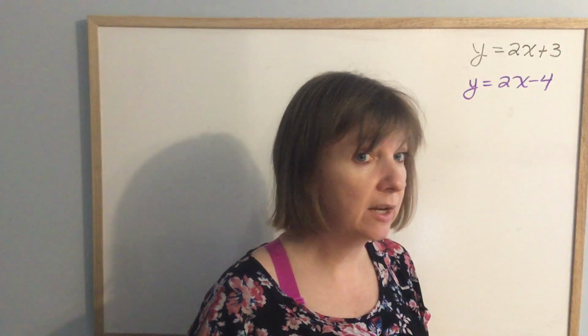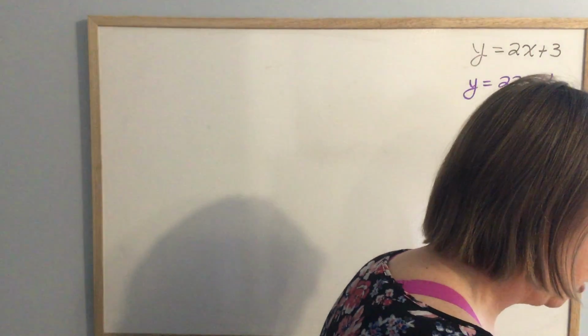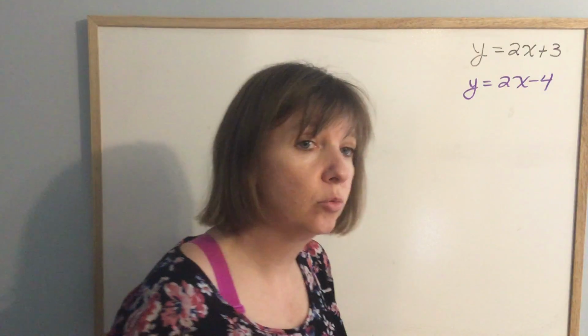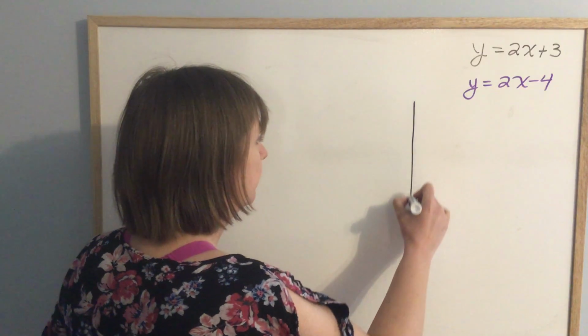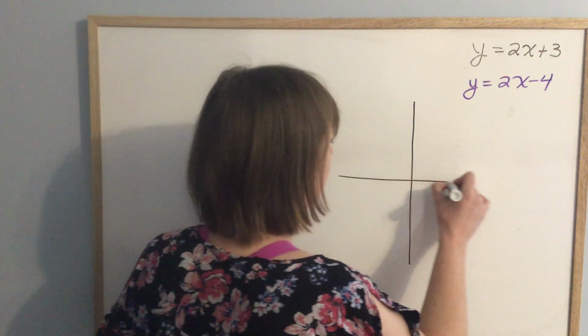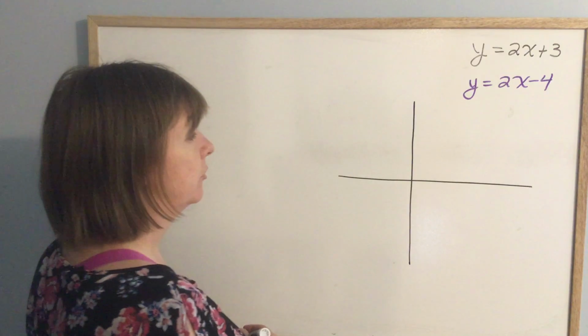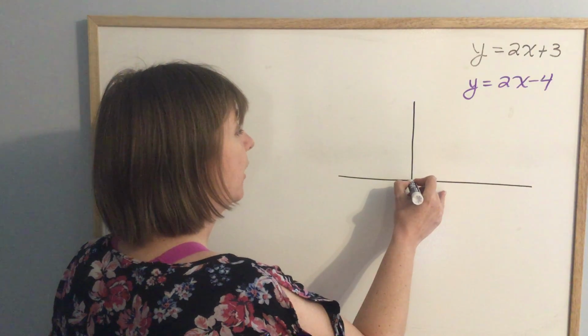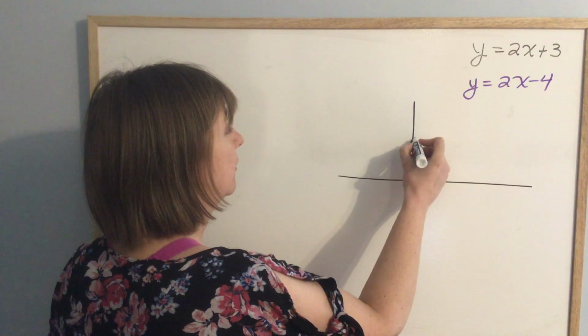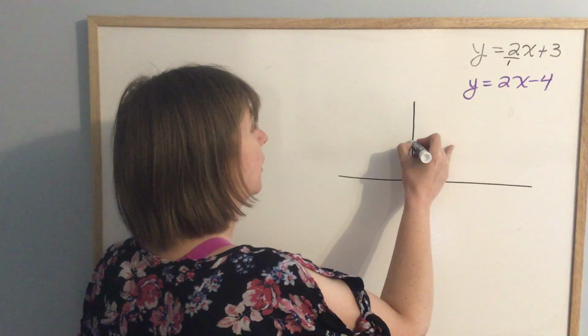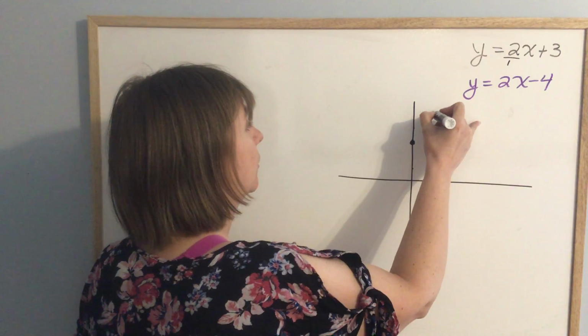So before I read any further, before I even look at what they want, I'm going to draw those 2 lines. So y is equal to 2x plus 3 means my y-intercept is at 3, 1, 2, 3, and my slope is 2 over 1, so up 2 over 1.